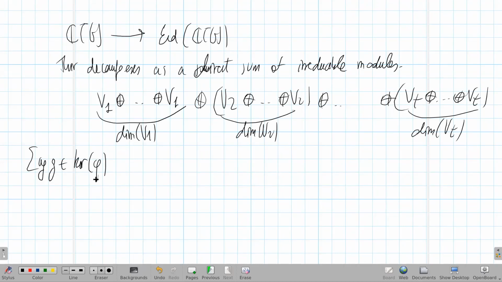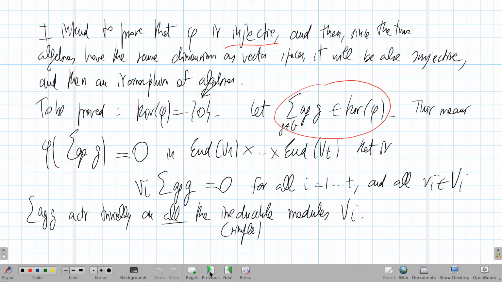We have seen that this element acts trivially on every Vi. Let's recall what this means. It means that it sends every element to 0. So you take any i from 1 to t, you take any element in the vector space Vi, in the module Vi, you multiply by this element in the kernel and you get 0.